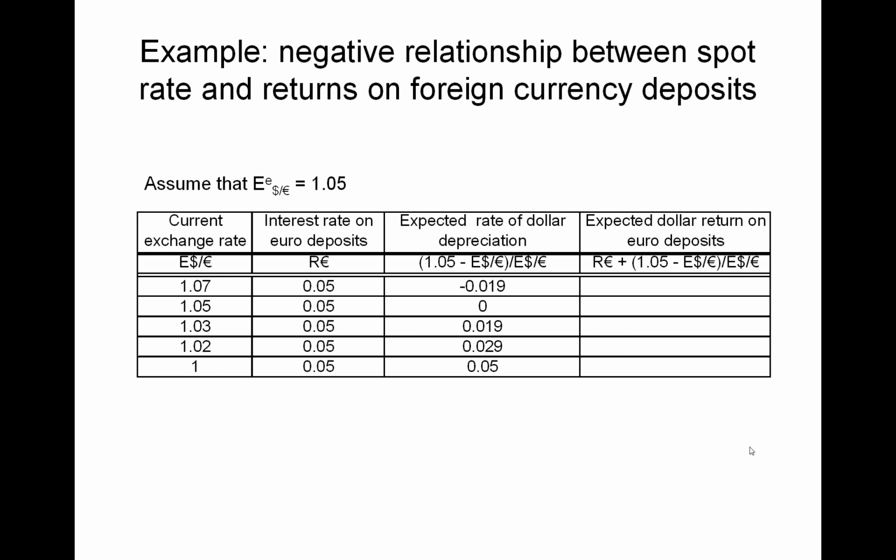And note that the interest rate on the euro deposit is going to stay at 5%. And we're also going to assume that the expected exchange rate in the future is $1.05 per euro, and that doesn't change. We will complicate this in future chapters, but for the moment, let's assume that the expected exchange rate doesn't change. Okay, so pause this recording and solve the expected dollar return on the euro deposits.